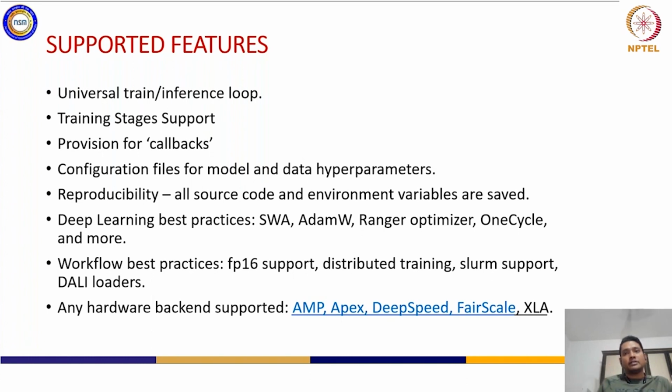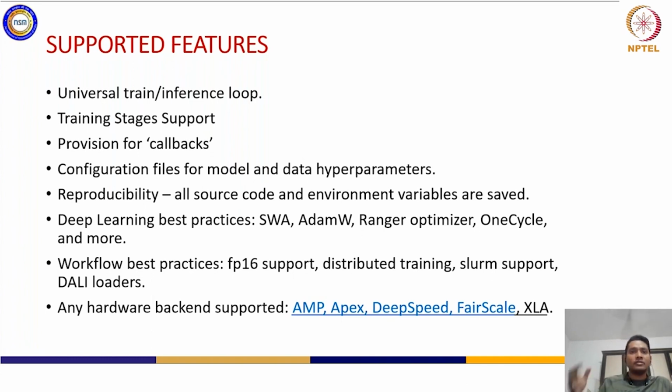Best practice for deep learning is using optimizers like AdamW or SWA optimizer. If you want flexibility in the choice of optimizer, or in the choice of metrics you want to see from the training, you can abstract and define all of these with callbacks.